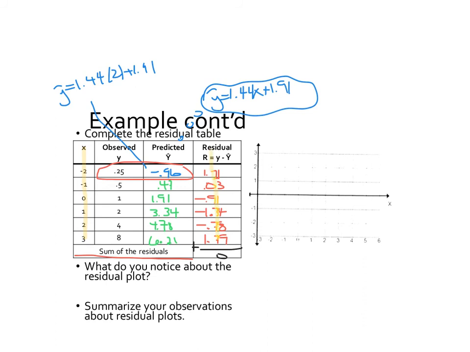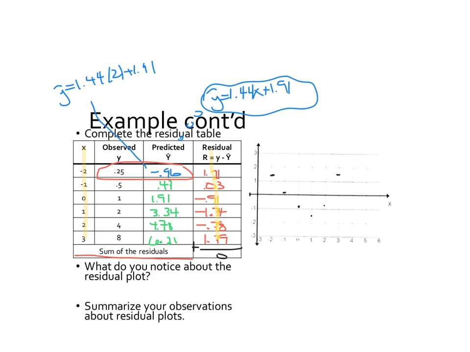So the first point that we will graph is (-2, 1.21). (-1, 0.03). (0, -0.91). (1, -1.34). (2, -0.78). And (3, 1.79).